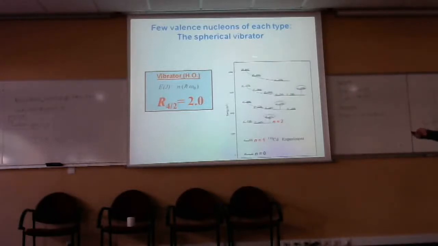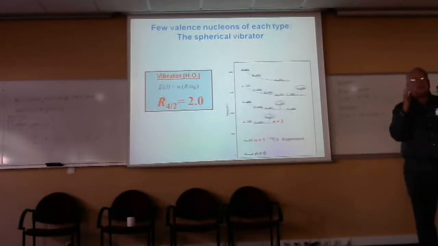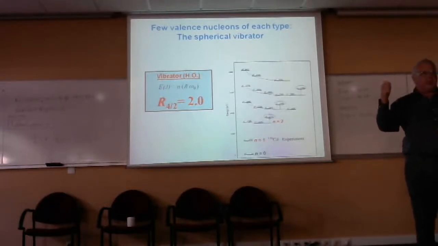When this was first developed, it was considered shocking because, if you think about the microscopic, I talk about these as vibrations, but you also have to always think of what's going on at the nucleon level. These vibrations correspond to exciting nucleons from one orbit to another.